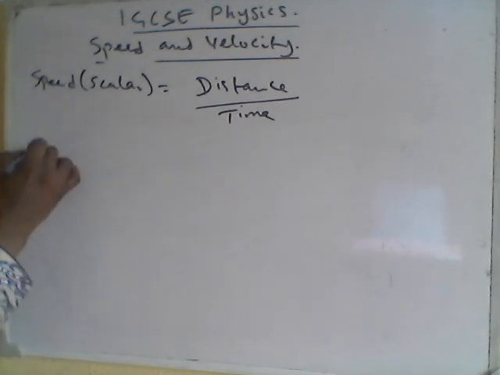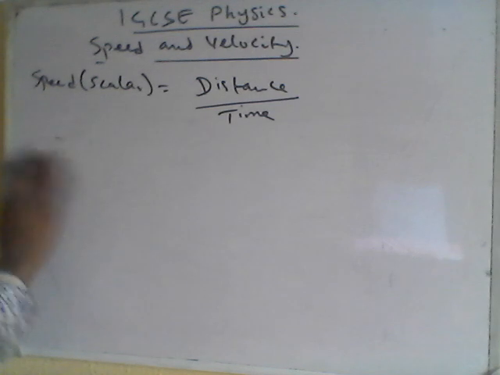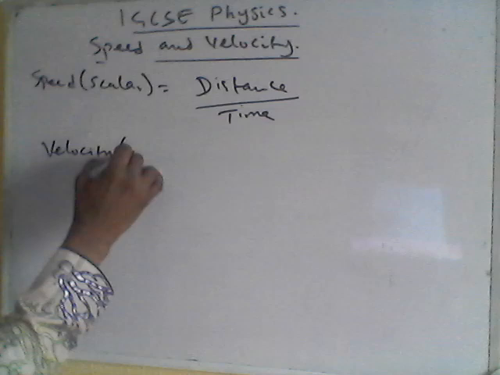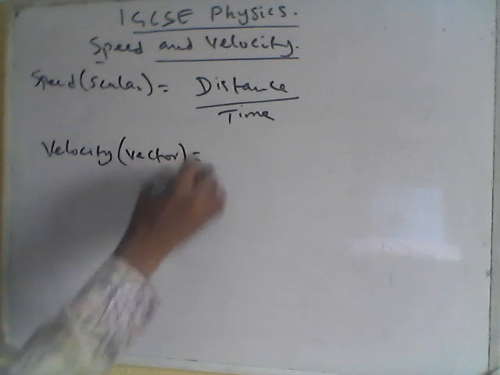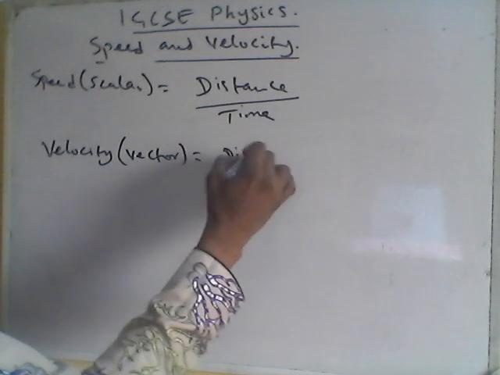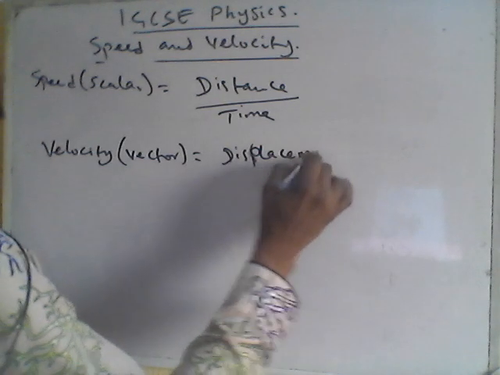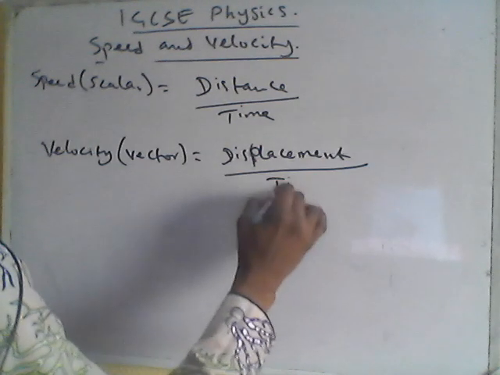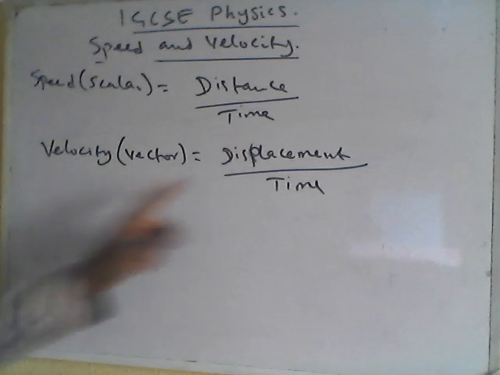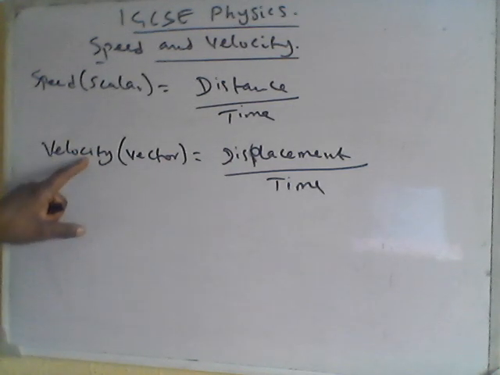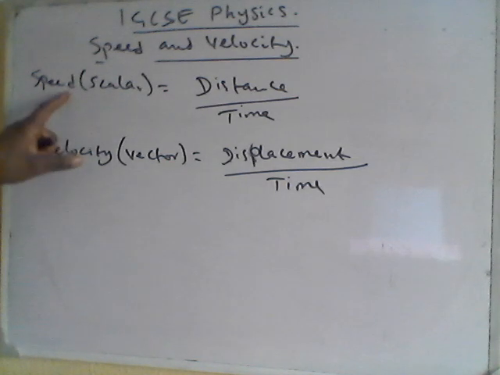While velocity, a vector, is displacement over time. Velocity is displacement over time. That means velocity is how fast something moves in a particular direction. This one is regardless of the direction. This one is a particular direction.